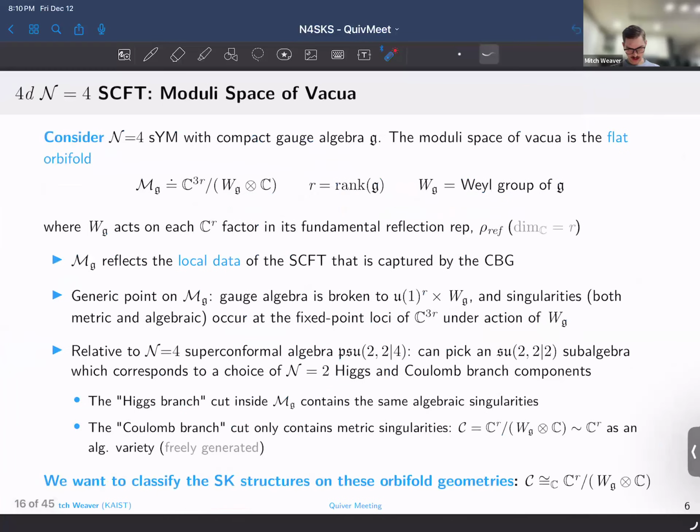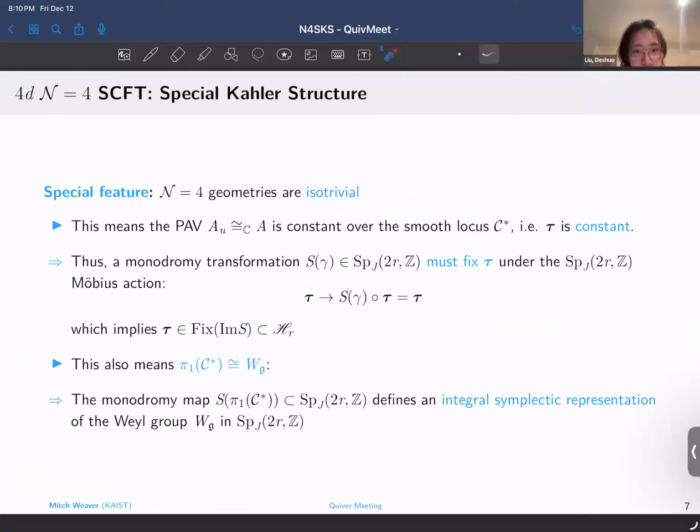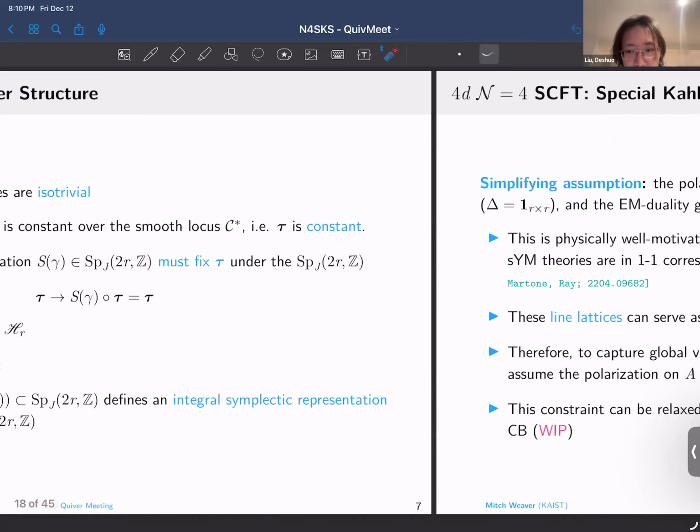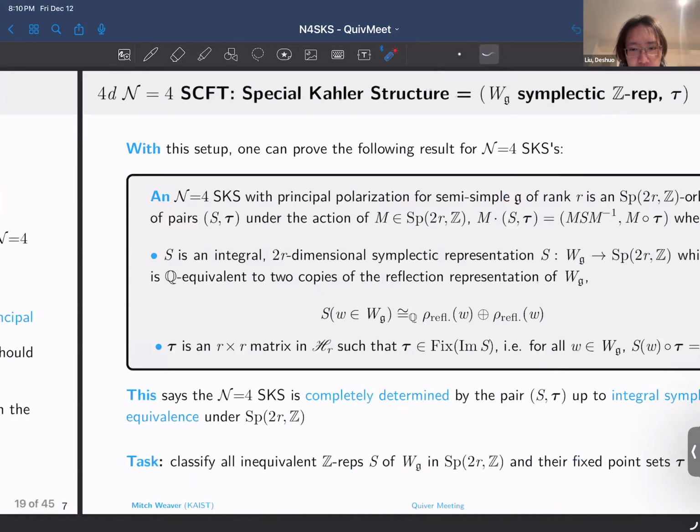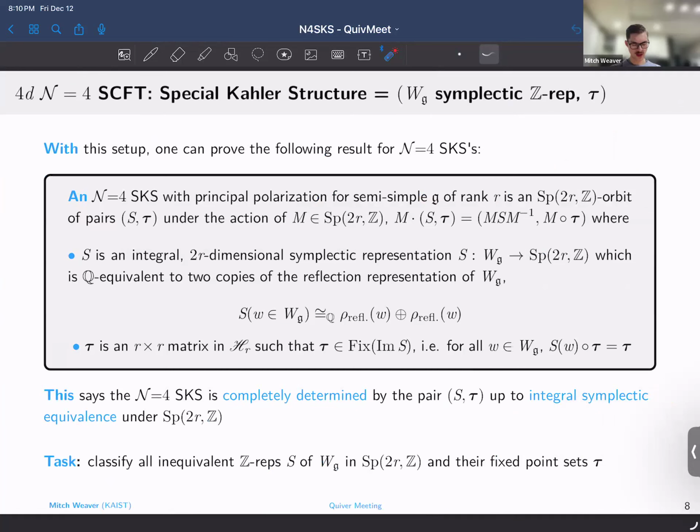Maybe you're talking about a little later on, around here, roughly. So my question is how many of this WG inside Sp gives you a symplectic structure? Exactly, the definition of the symplectic structure. So how many S will give you a symplectic reflection?